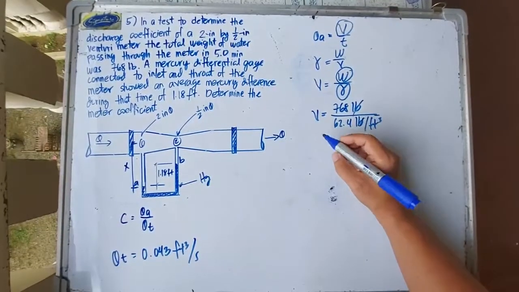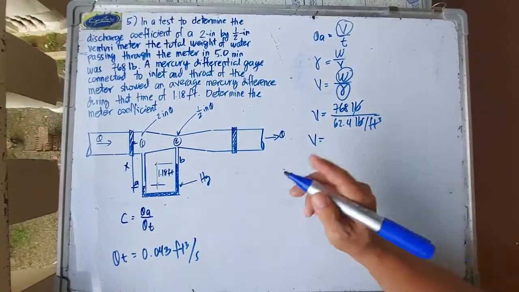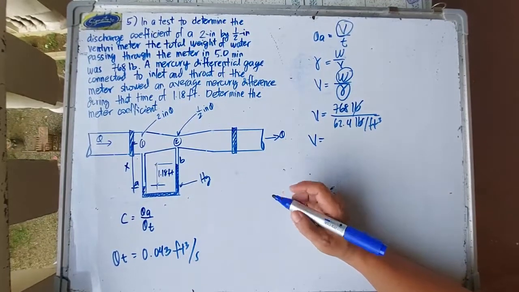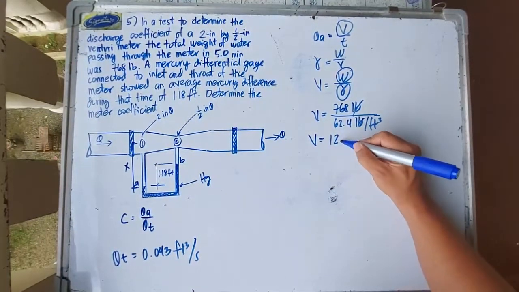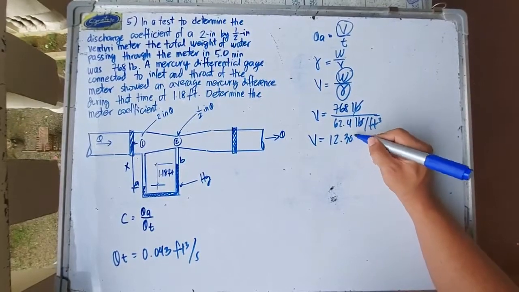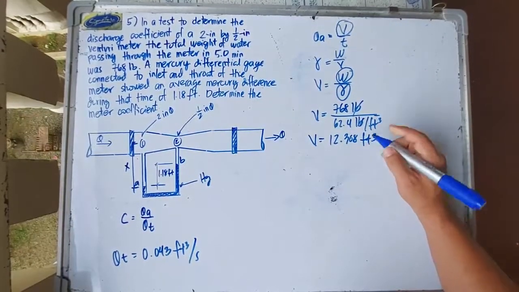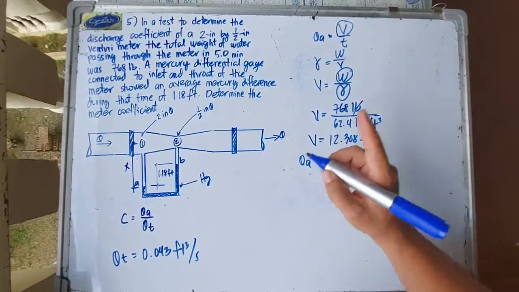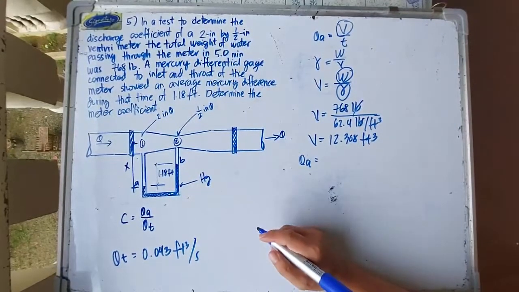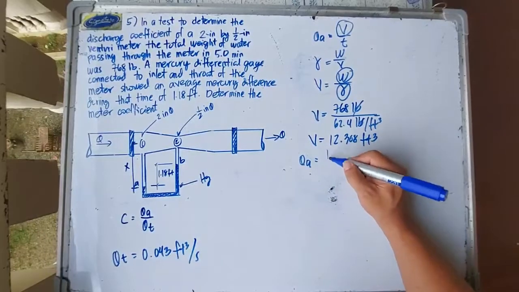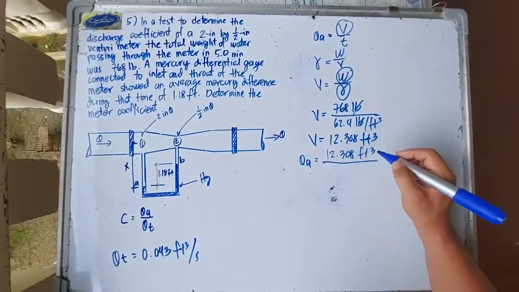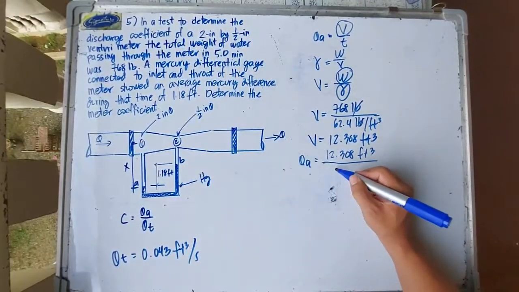The weight is 768 pounds. Unit weight of water at standard temperature and pressure is 62.4 pounds per cubic foot. So pounds will cancel. We have a volume equal to 12.308 cubic feet. Now we can solve for the actual discharge. It is volume divided by the time of collection, that is 12.308 cubic feet divided by 5 minutes.